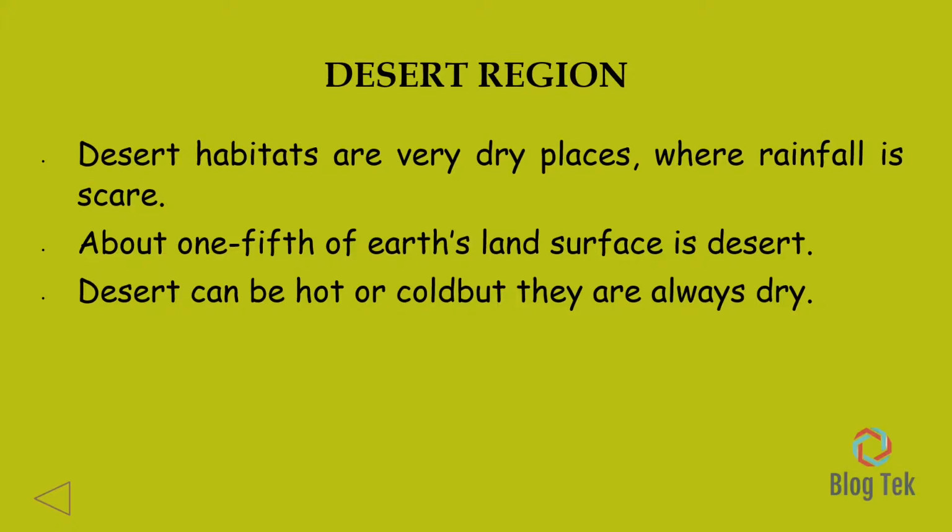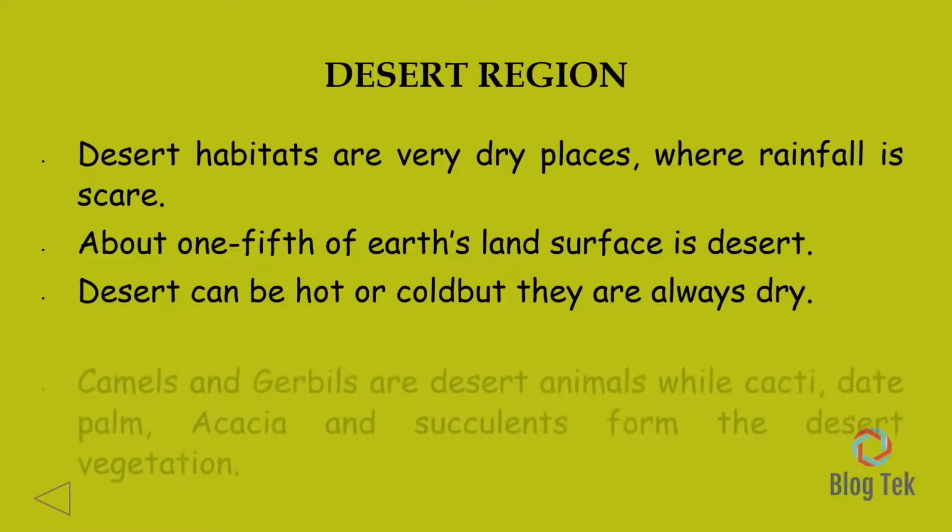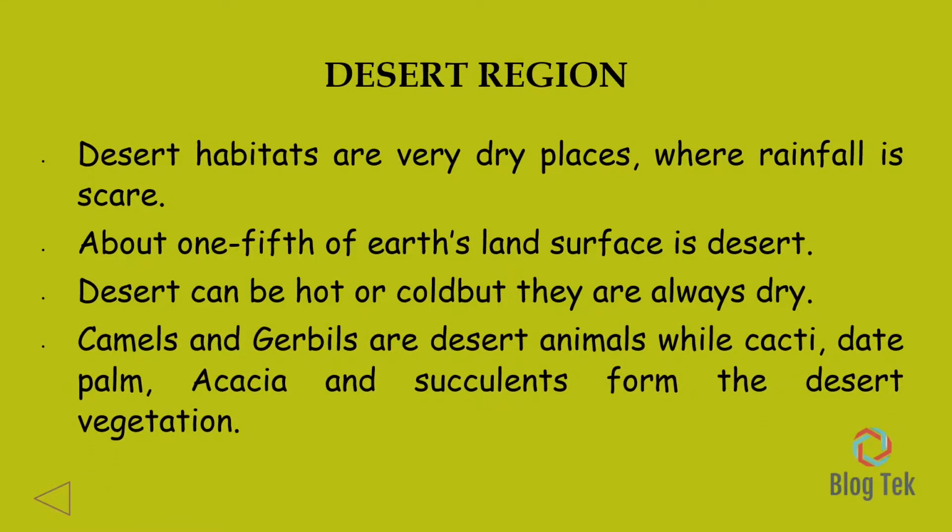Camels and gerbils are some desert animals, while cacti, date palm, acacia and succulents form the desert vegetation, which means the desert plants. So now that you know what the desert region is, let's move on to our next region.